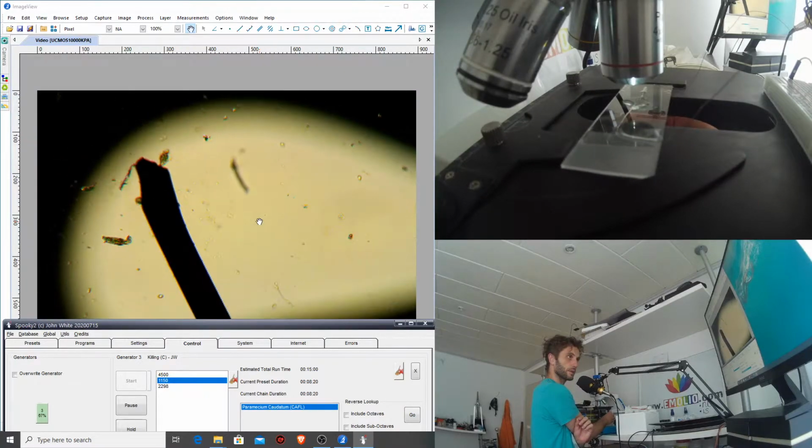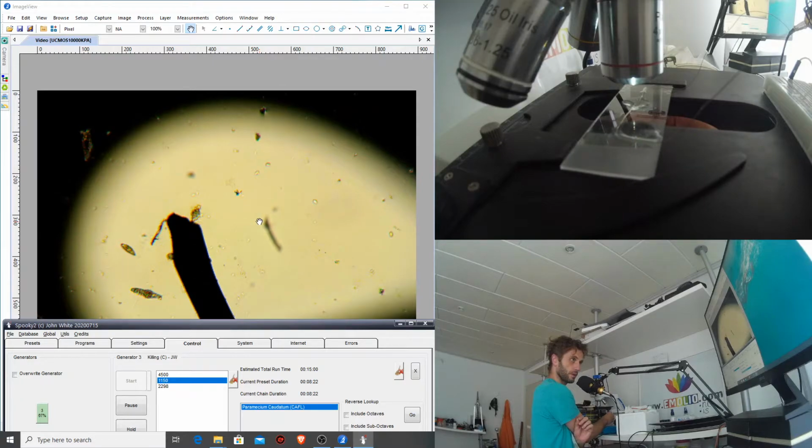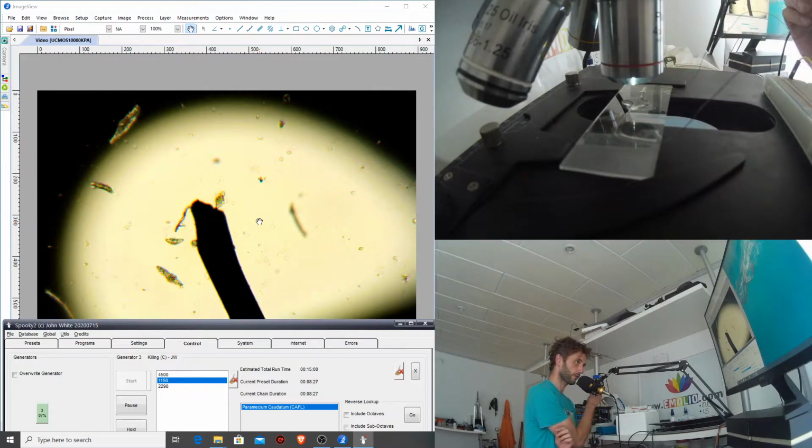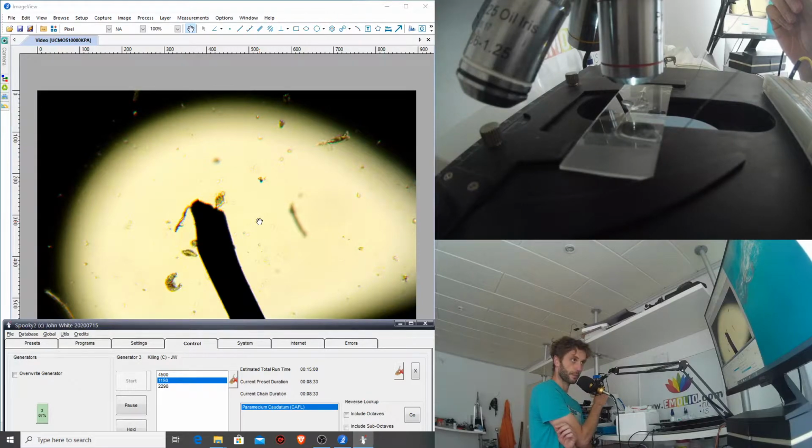So there is the electrode 1. I have to check that, but it's going to be for next time, I think, if that's a plus or minus.